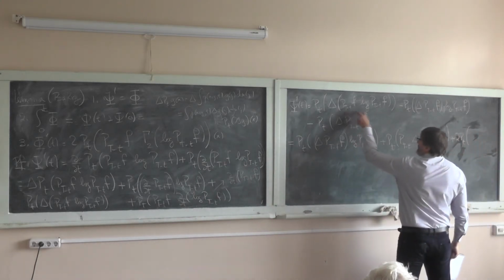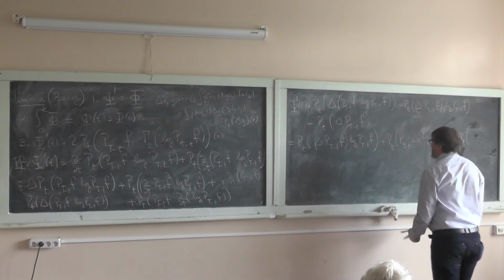So I have the gradient of this inner product with the gradient of this, that is just gamma.